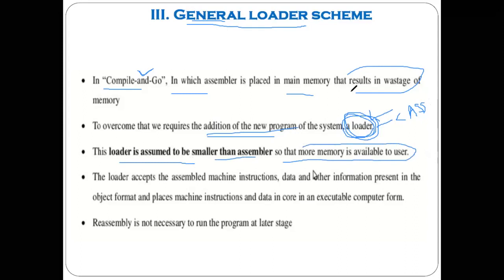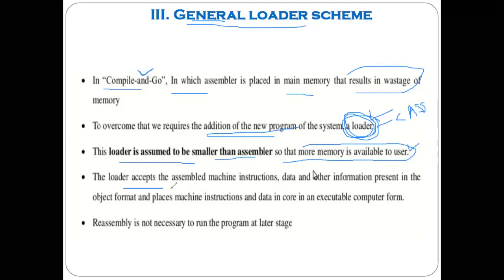The amount of memory required when the assembler is present in the main memory is more, compared with that, the loader has a smaller size and requires less memory. If the loader requires less memory, then more memory can be utilized by the user for execution. I am talking about the main memory.